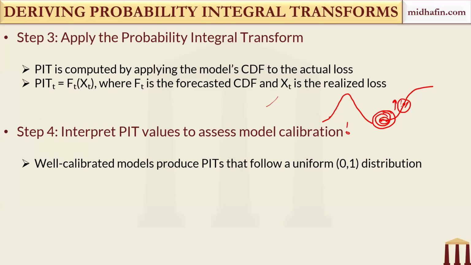That is why the observations are getting translated into evenly spread percentile ranks, and that is why the PITs, under a well specified model, will look uniform. Not bell shaped or CDF shaped kind of thing.